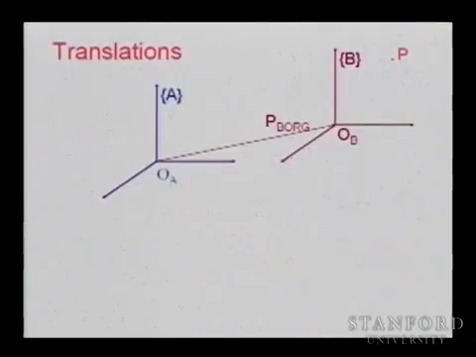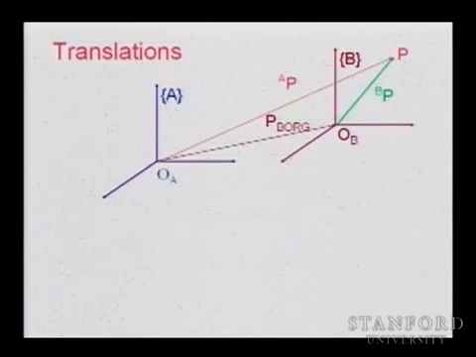So frame B and frame A have the same orientation, and we're going just to move along the direction of the vector P. So if we have a point in space, it is located with respect to origin B and described by the vector P. The same point in space is described with respect to another origin, A, with a different vector, PA.